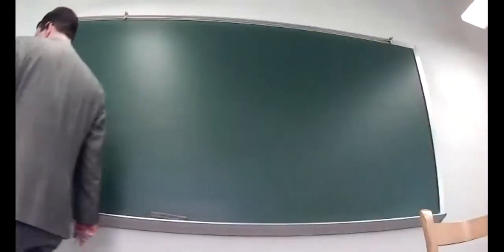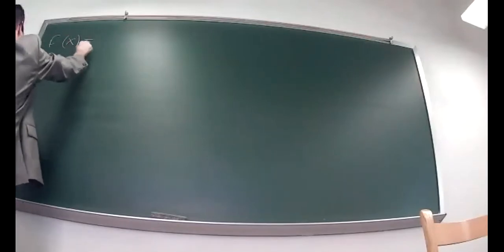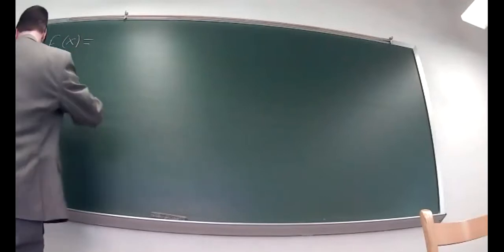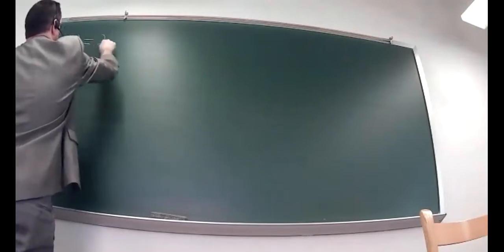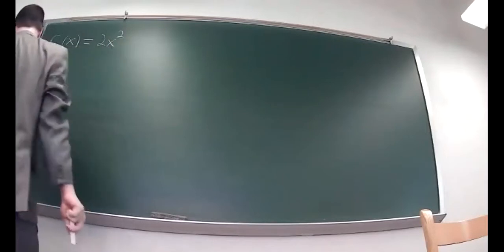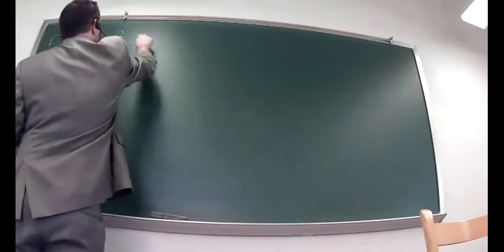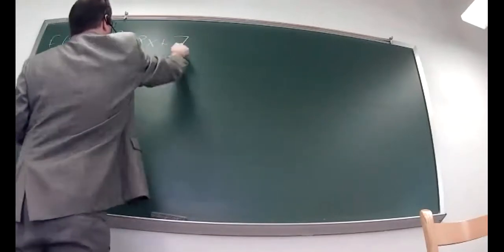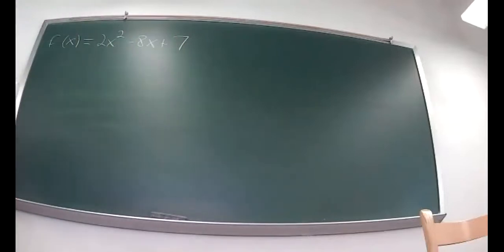We'll start off with an exercise to help us review: please find the extreme values. There are two parts. I'll do one and let you practice on the other. Let's take f of x equals 2x squared minus 8x plus 7.